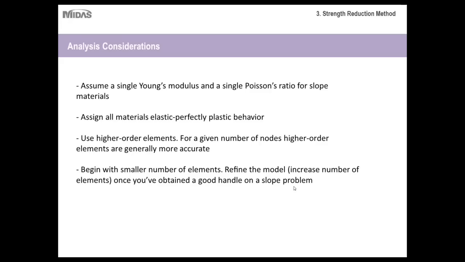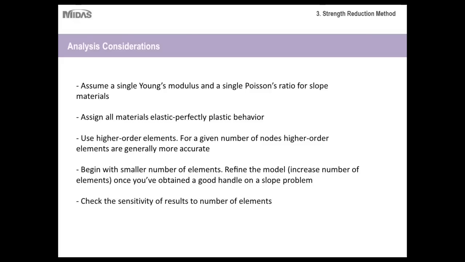But later on, as you're refining your model and getting closer to your submission, and you've accounted for all of your design changes, then at that point you can use smaller elements. That way you can get a more detailed analysis. And then check the sensitivity of the result to the number of elements.